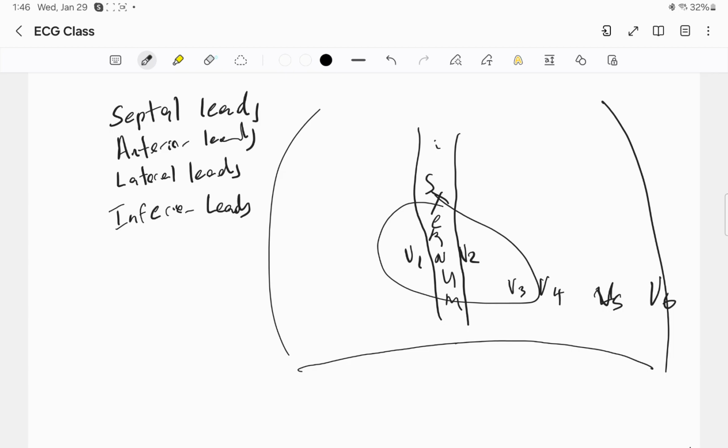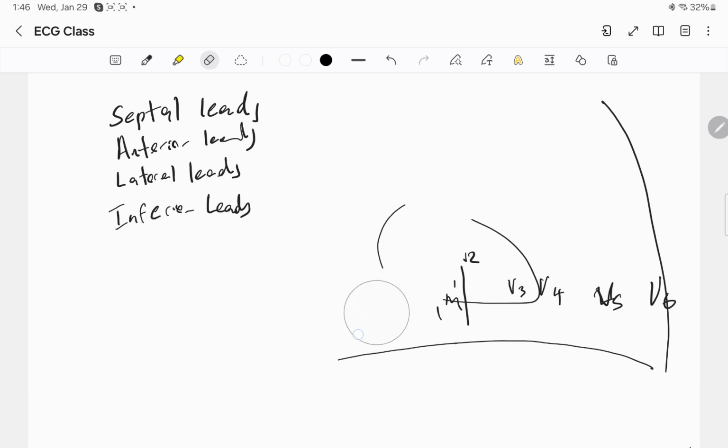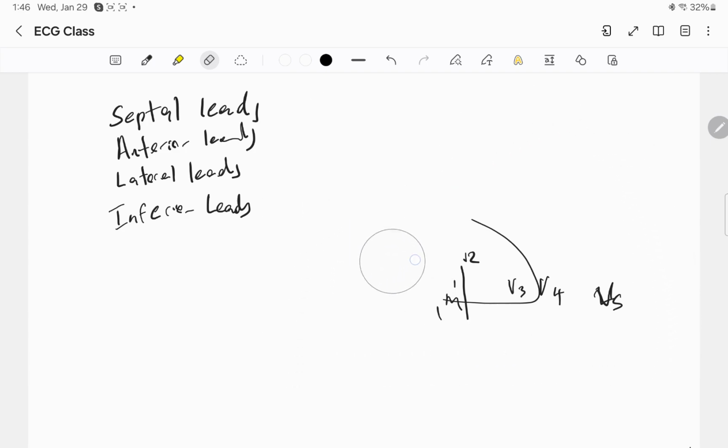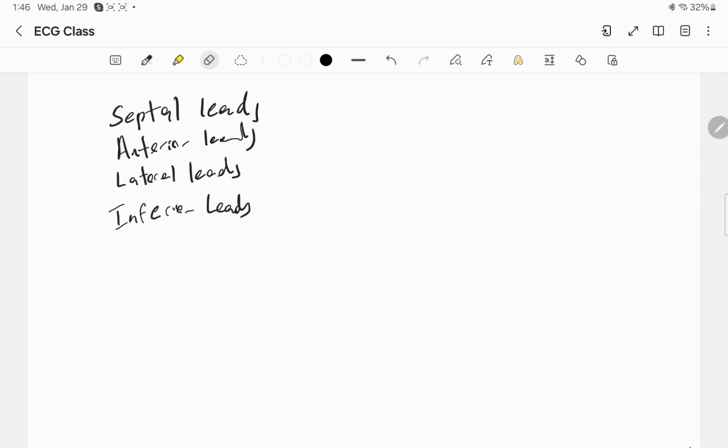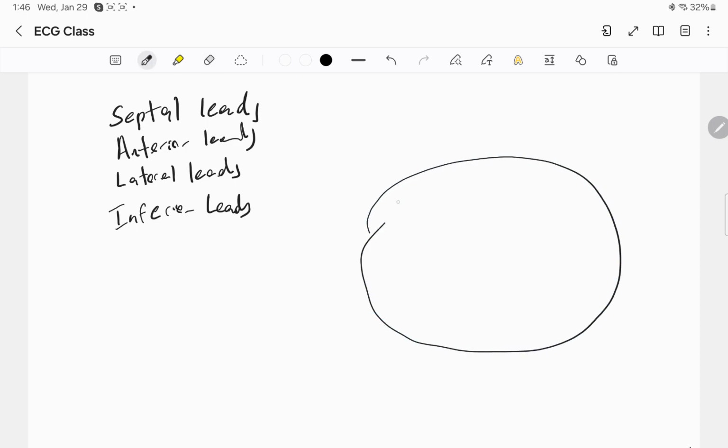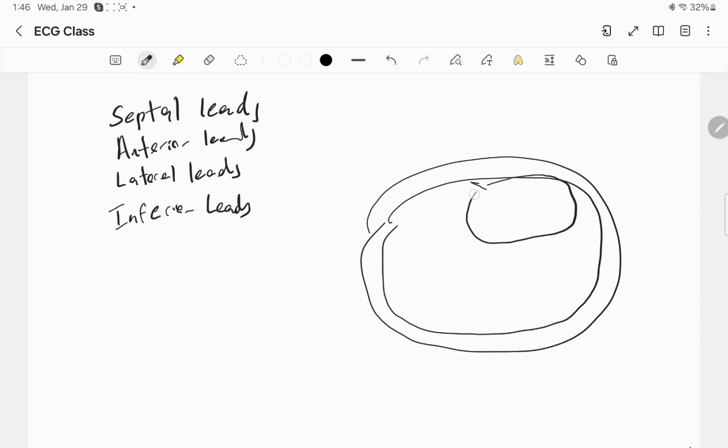And we're gonna draw another diagram, this time a cross-sectional diagram. So if I'm lying on a table and they cut me in two, this would be my body, a nice circle, and my heart would be in the anterior part of my chest, and there'd be other stuff around here. I'm not gonna make this a complicated diagram.